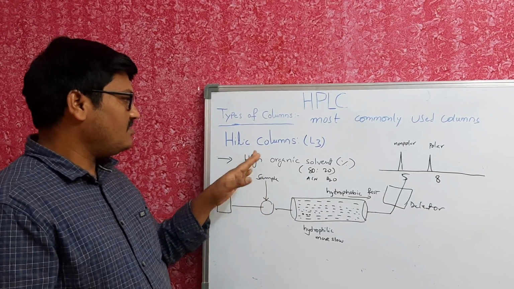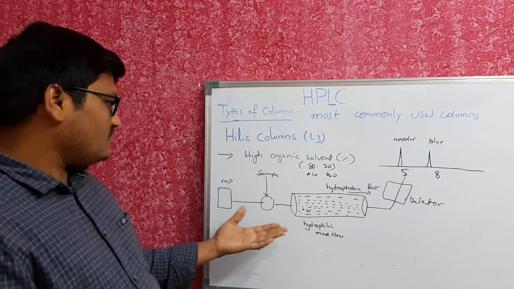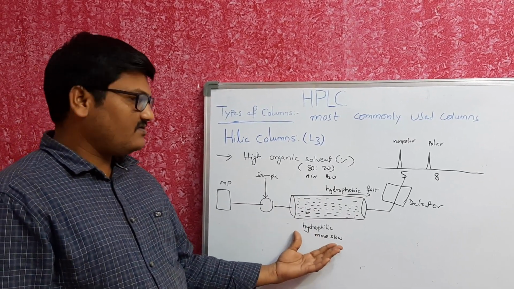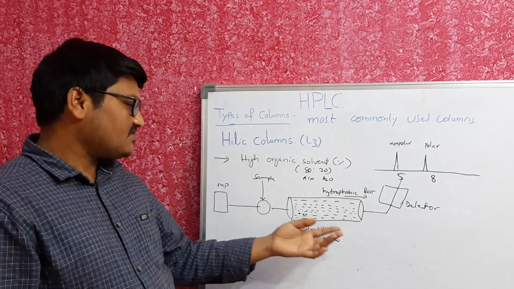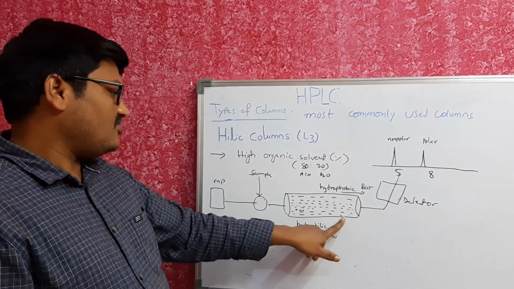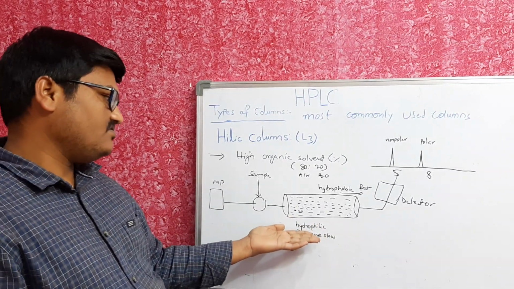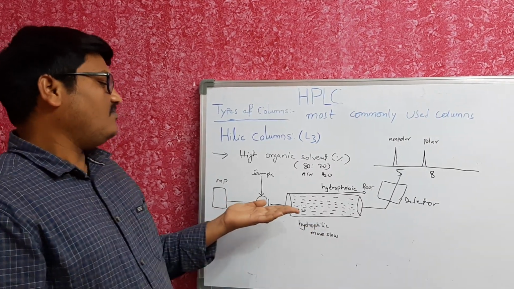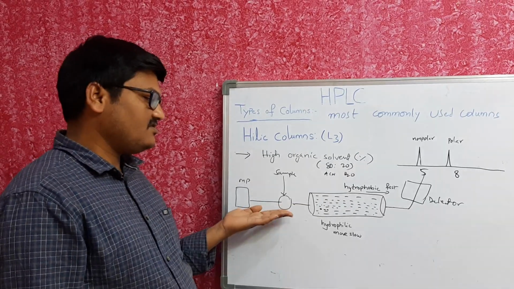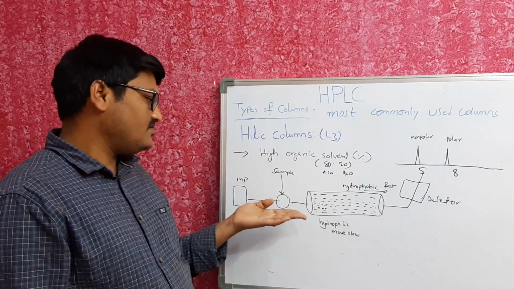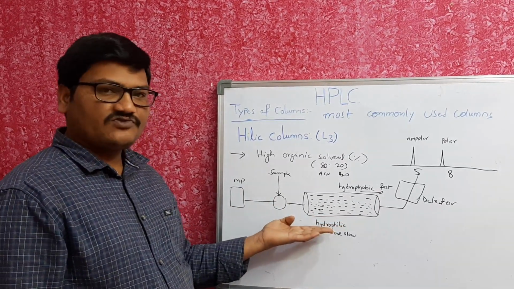When coming to normal phase chromatography, we use silica columns for the faster elution of non-polar compounds, because silica columns are a very polar stationary phase. We also use a very non-polar mobile phase, like hexane, hexane and ethyl acetate, non-polar solvents used in normal phase chromatography.